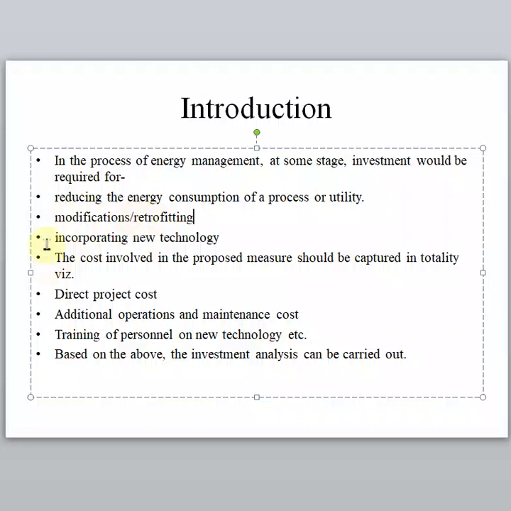Then incorporating new technologies: if you want to incorporate new technologies, you have to make investment. For example, if you want to install solar panels on the roof of your industry, or advanced exhaust fans, economizers, etc., for that purpose you require investment.